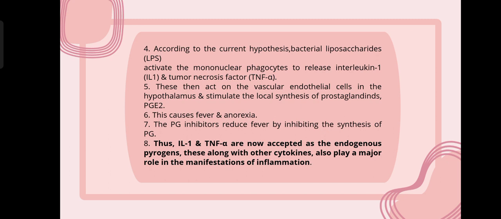These two signals, interleukin 1 and tumor necrosis factor alpha, will flow throughout the blood, and due to blood circulation will reach the vascular endothelial cells present in the hypothalamus and stimulate the local synthesis of prostaglandins, specifically PGE2.